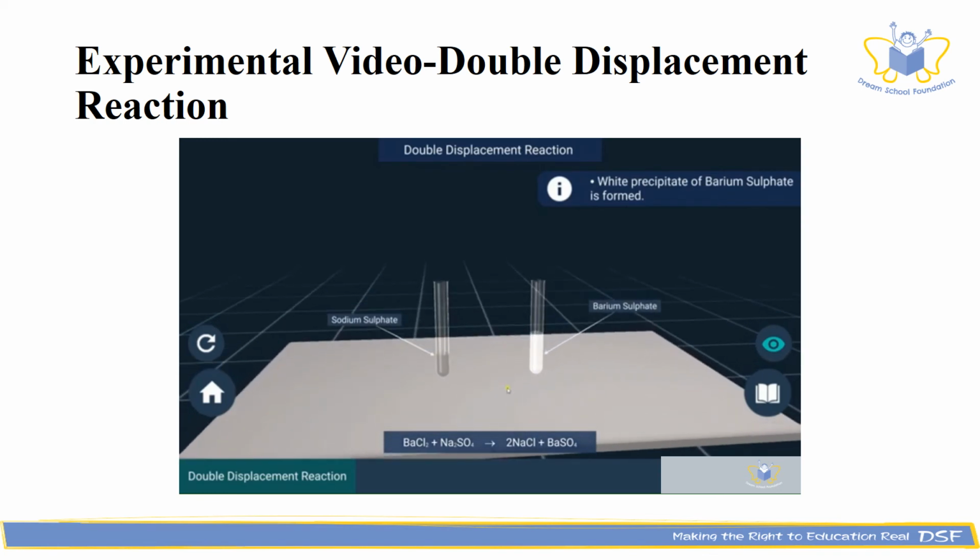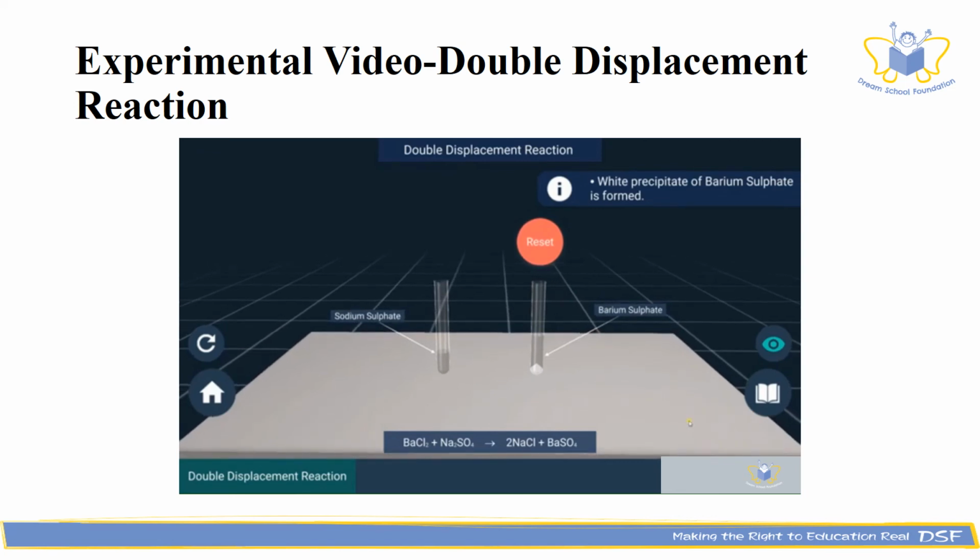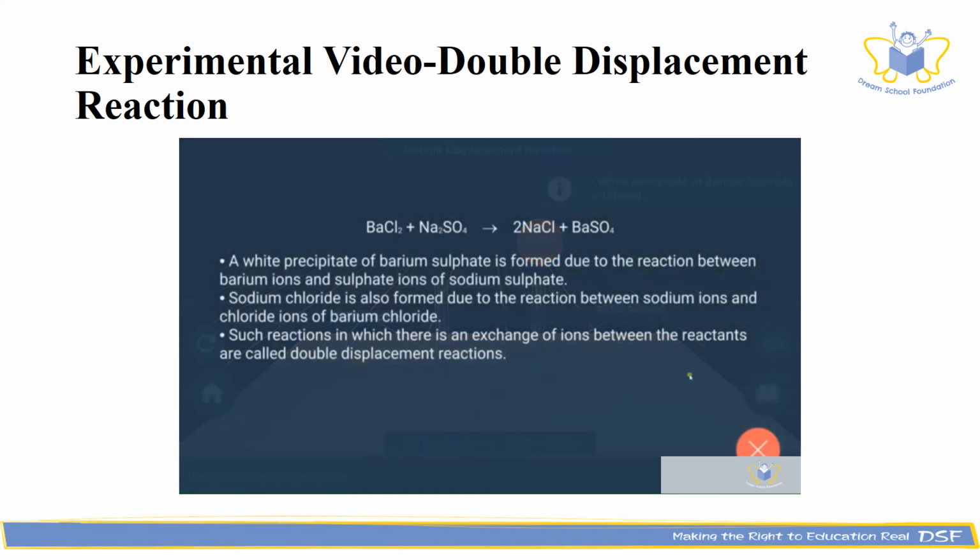It is formed due to the reaction between barium ions and sulfate ions of sodium sulfate. The other product, sodium chloride, is also formed due to the reaction between sodium ions and chloride ions of barium chloride. The exchange of ions has taken place and it has produced two other products. Such reactions in which there is an exchange of ions between the reactants are called double displacement reactions.